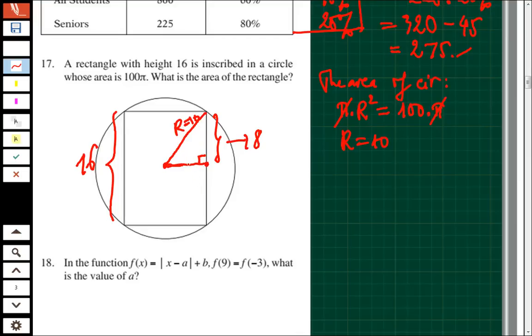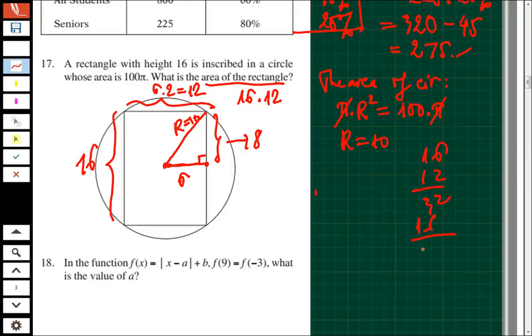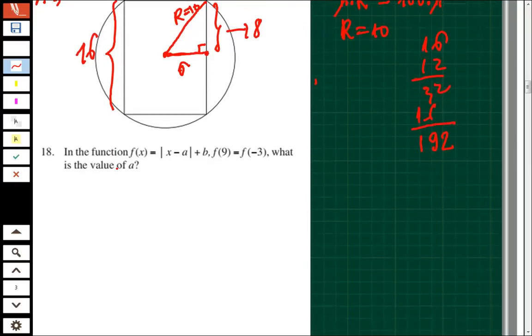We have this height is 6, and the other side of the rectangle is 6 times 2 equals 12, and the area of the rectangle is 16 times 12, which is 192. Answer is 192.